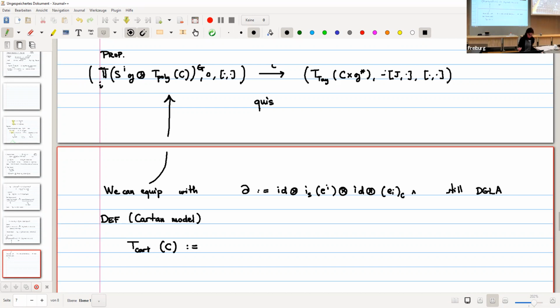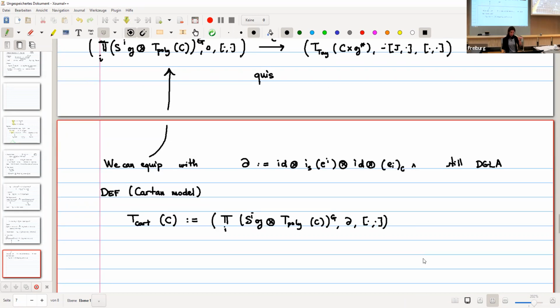So you see now we have this object, but now with this differential. This is what we call the Cartan model. And you can ask, why did you add this funny differential? Besides the fact that I wanted to still include the information of the action.